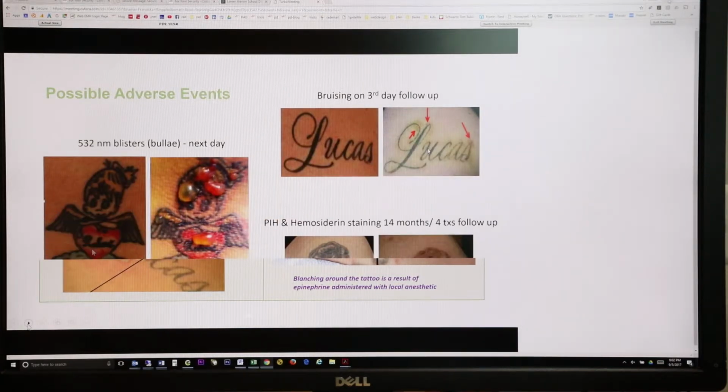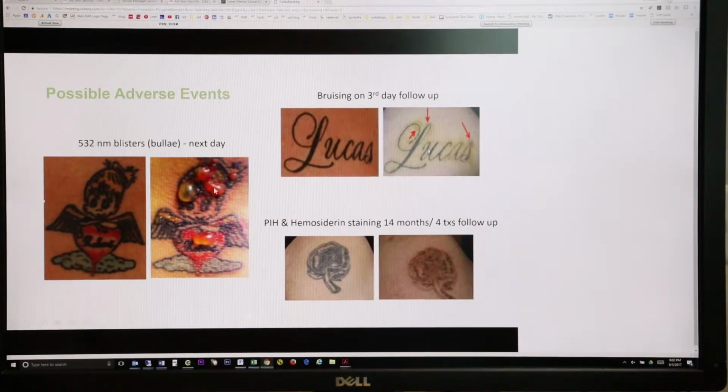Here are some things that could happen. So you could get bullae, either the same day or the next day, and then these just resolve by themselves. You can get bruising. This is a bruise around the actual tattoo. So maybe it was too high, or the patient is susceptible to bruising, has aspirin, whatever medication that makes them susceptible to bruising. And here's hemosiderin staining.